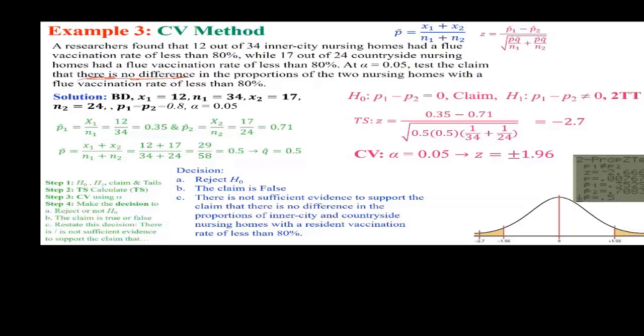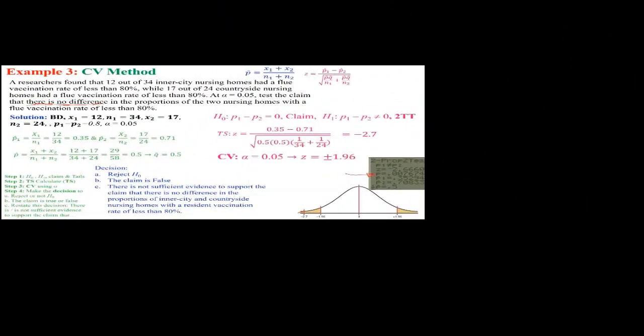And of course, you can do calculator work. If you do that, what it gives you is the p-value. The p-value is 0.00767 and the rest. What is that? Less than alpha. Now, you don't have to multiply this by 2, but you have to multiply by 2 if you look up the area to the left of negative 2.7 in the table.